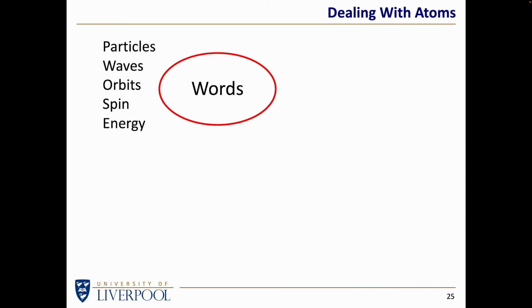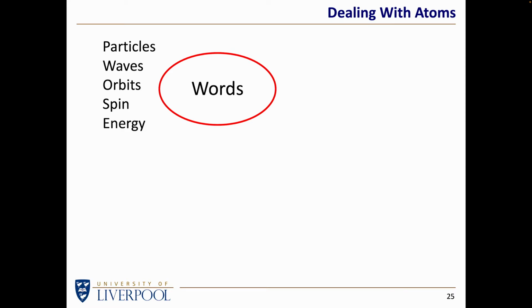And if we talk about electrons in orbits, well, they're not in orbit around the nucleus in the same sense that the Earth is in orbit around the Sun. So we can use words, but we have to be very careful because those words don't necessarily mean what we think they mean. We can't use ordinary everyday language that is useful in the macroscopic world. We can't assume those same words apply when we're dealing with the microscopic world.